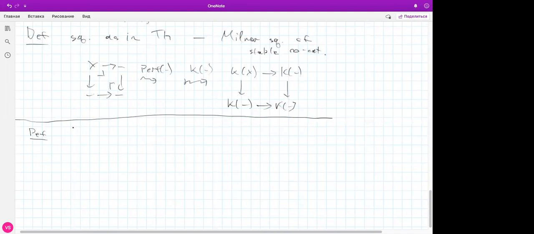Okay, so definition. This is actually not going to be what's commonly found in the papers, but it's an equivalent one.